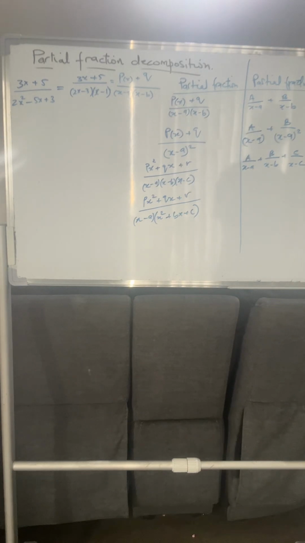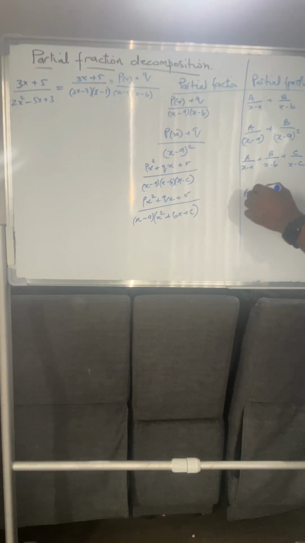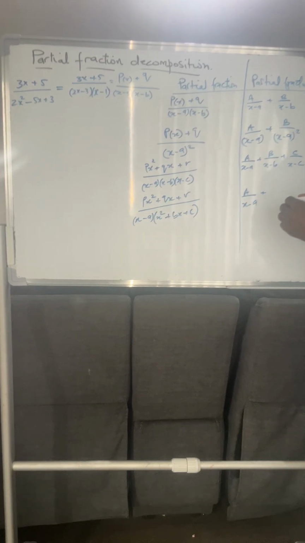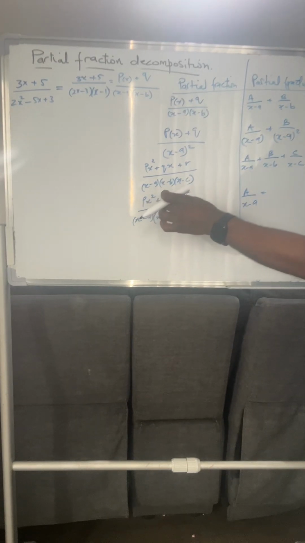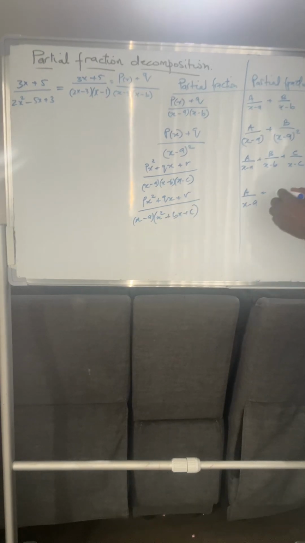In this case, you will have a all over x minus a, plus, since this is a quadratic, bx plus c all over x squared plus bx plus c.